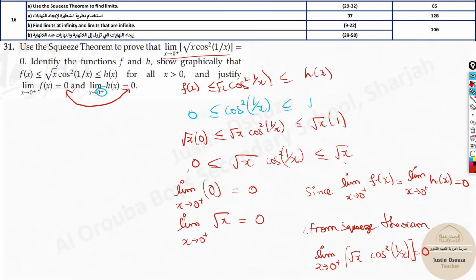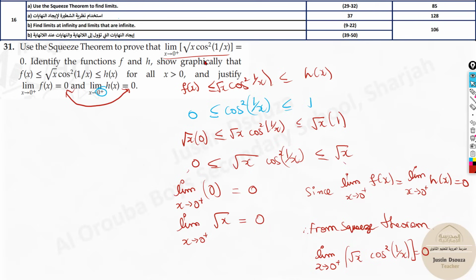If you write so much, you have to get full marks. Don't go to graph it because you'll be there in the entire exam then. 1.5 hours for the graph. I'm just saying that, it's not required. The examiner will understand. It says show graphically, and I have no clue why they're asking you to show graphically. If you have a graphing calculator, it's fine. You can get the graph.